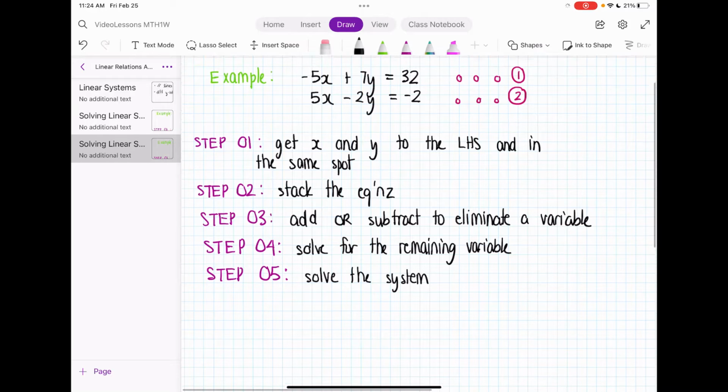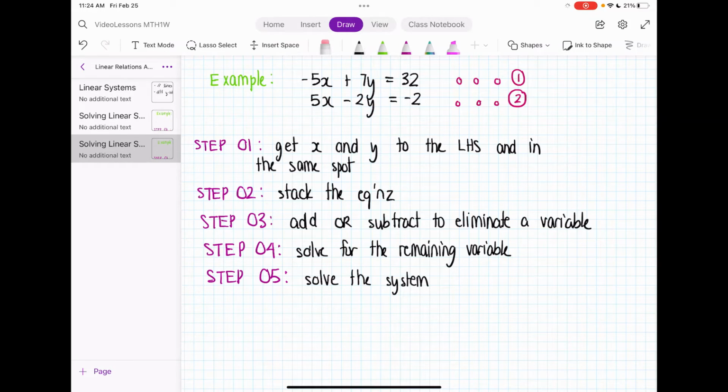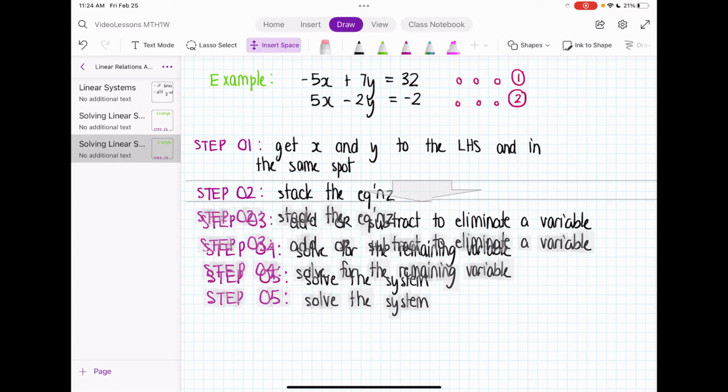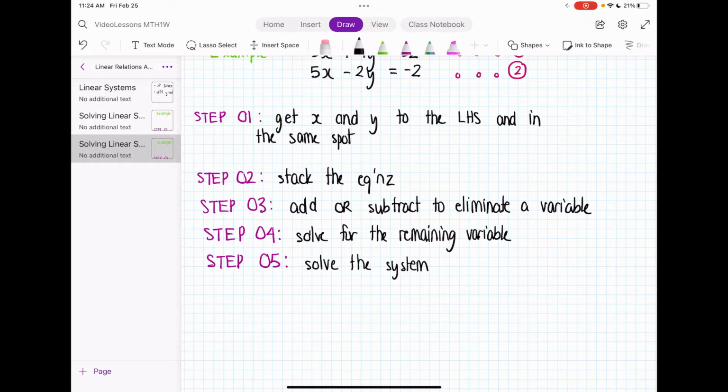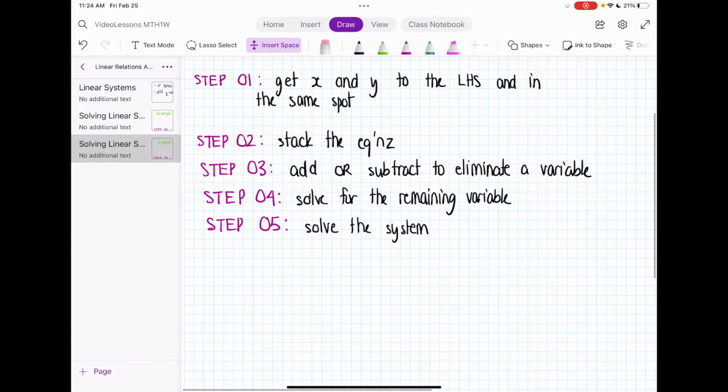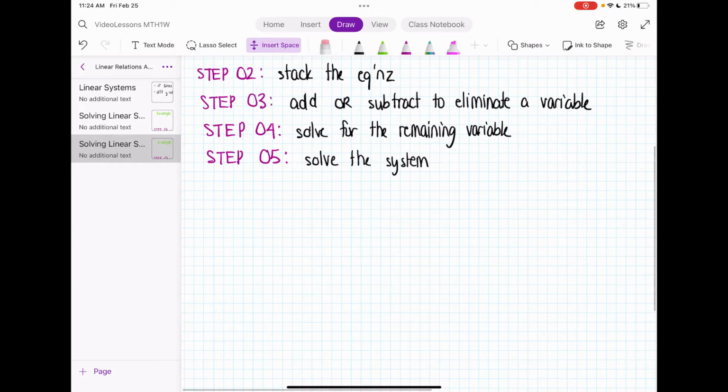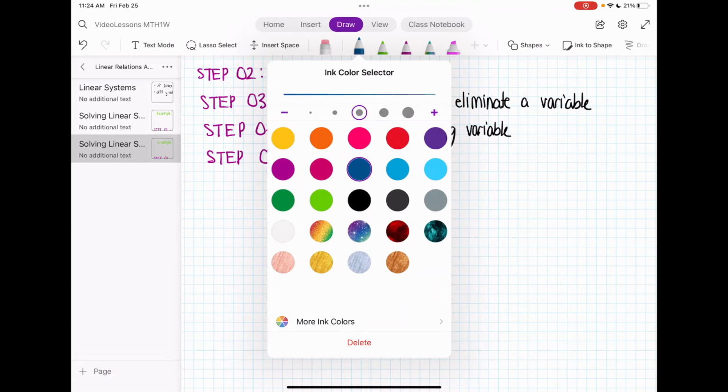So let's do this for our first example. In the first example, to start us off, we actually have our x's and y's already in the same spot, so we don't need to do anything with that. They are stacked, but we're going to start working on it. So we're going to stack them, and then we are going to add or subtract. So if I stack my equations, I'm going to write them down here.